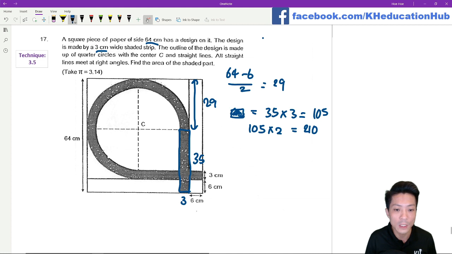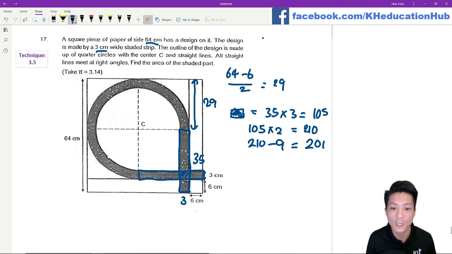Okay, 210 is including this part here, but we have to be careful about the overlapping part here. So I need to use 210 minus the area of this square, which is 3 times 3, 9.